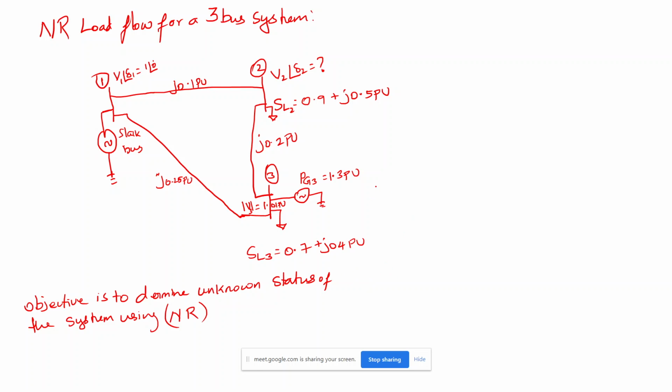So let me check what are all the known and unknown. First, we will be very clear about what are all the knowns and unknowns. Step 1, first you need to find out the knowns and unknowns.